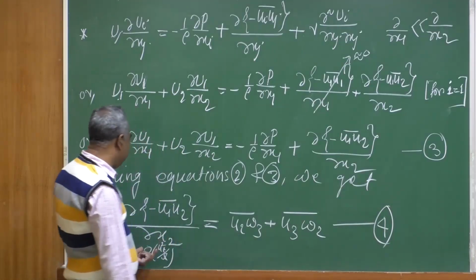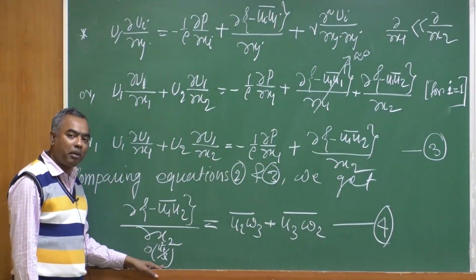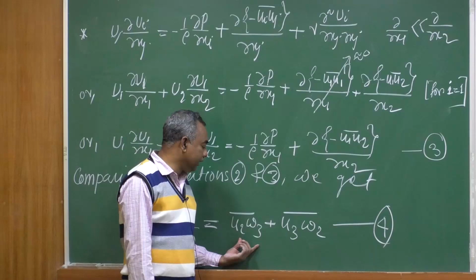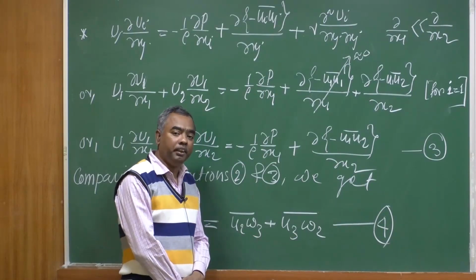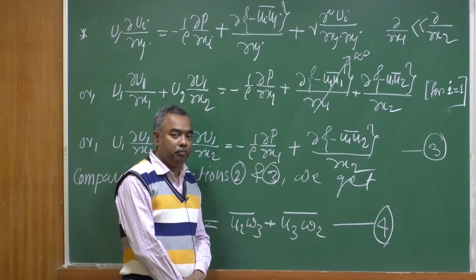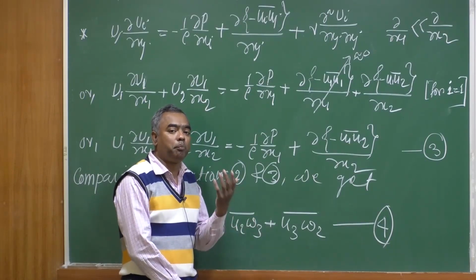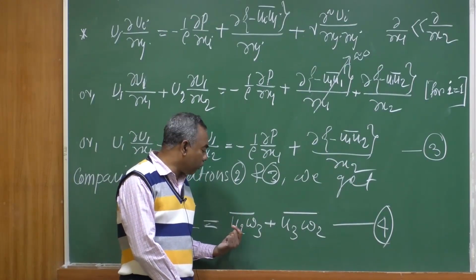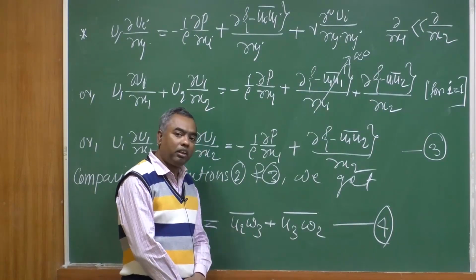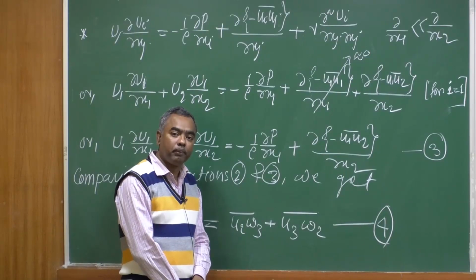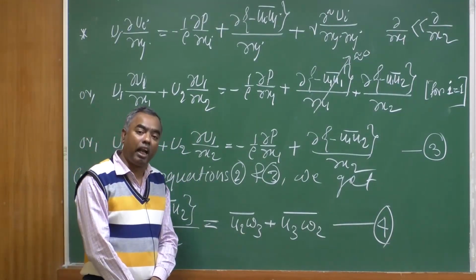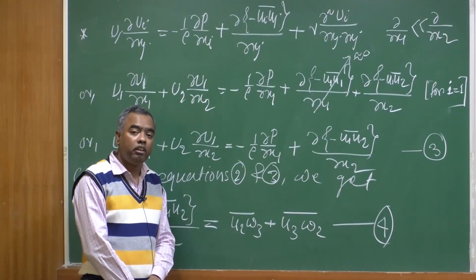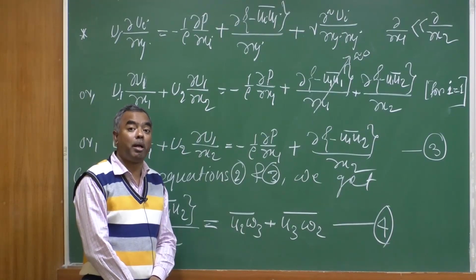On one side we get the order of magnitude u_t square by L, and if we consider omega to be u_t by lambda, we get u_t square by lambda for this term, which is much higher than u_t square by L because lambda is smaller than L. So, the correlation coefficient of these terms goes as lambda by L, which scales with Re_L to the power minus half, as we have seen in the previous class.